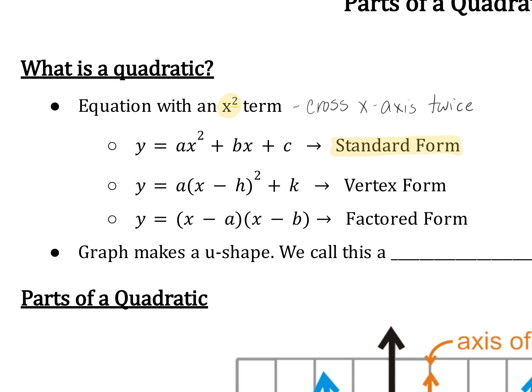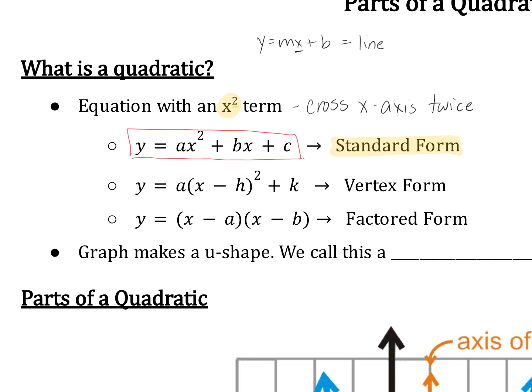Now, you are used to seeing y equals mx plus b, right? Well, what is this? It's a line, and the line only crosses 1 time. In this instance, we're going to cross it 2 times. So when we're looking at the quadratic, y equals ax squared plus bx plus c, a is a number, x is a variable, b is a number, and c is a number.